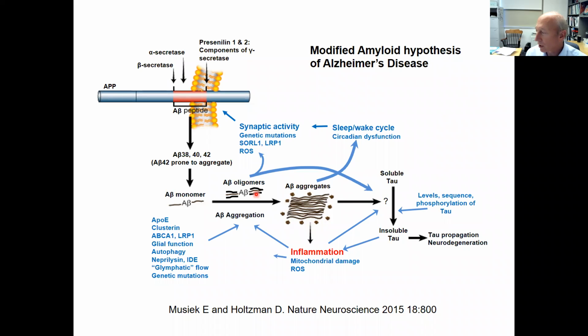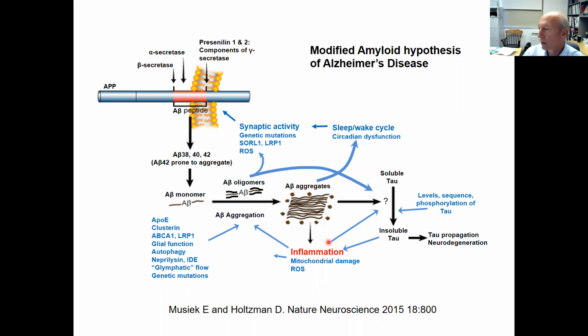And part of that is how amyloid somehow is interacting and influencing tau pathology, and also how inflammation interacts with both of these pathologies.